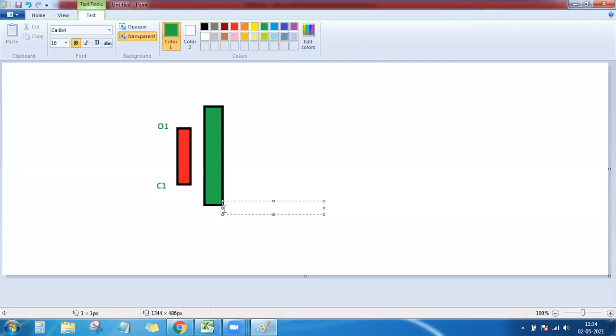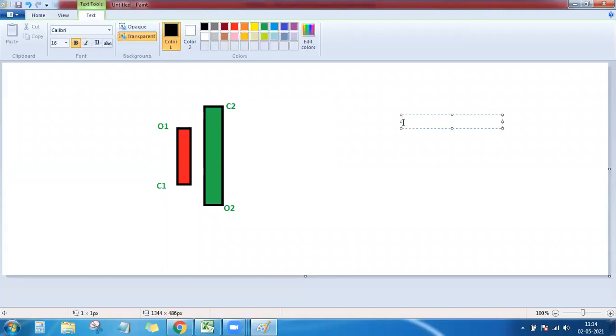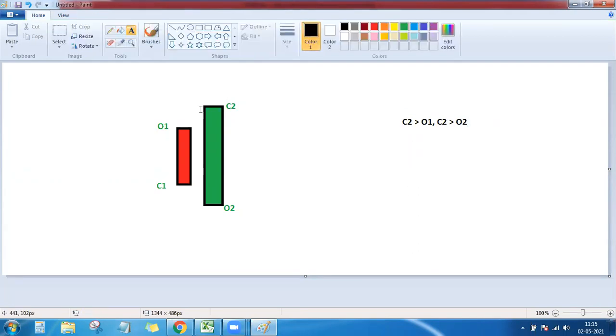And again, this is my O2 of the second day and C2 of the second day. So clearly C2 should be greater than O1 as well as C2 should be greater than O2. I'm talking about this closing price. It should be greater than this O1 as well as greater than this O2.